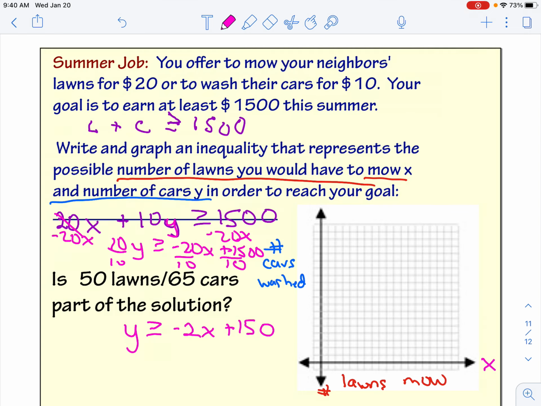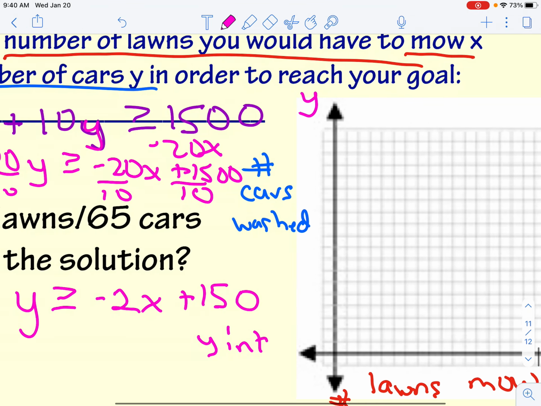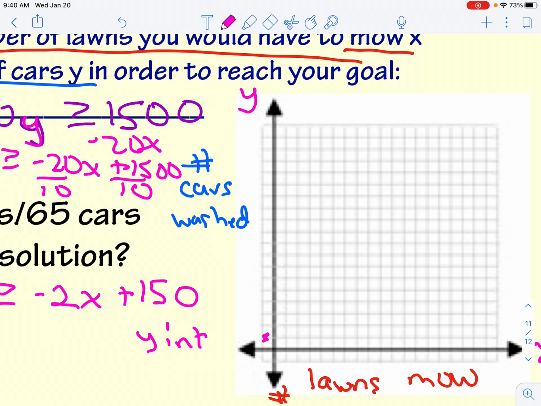So now I'm going to label my scale here. So again, this is my x's, the number of lawns mowed, and this is my y. Notice that my y-intercept here is 150. So I can't go up by ones, but I probably can go up by fives. So 5, 10, 15, there's 20, 30, 40, 50.